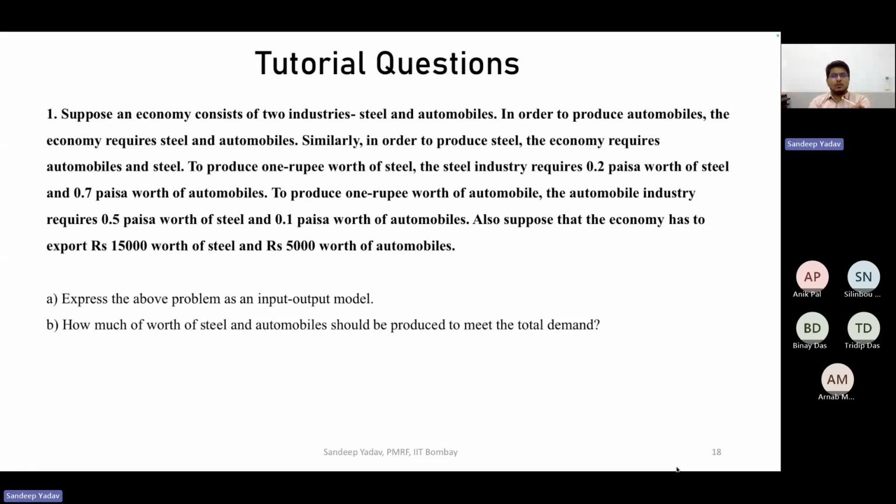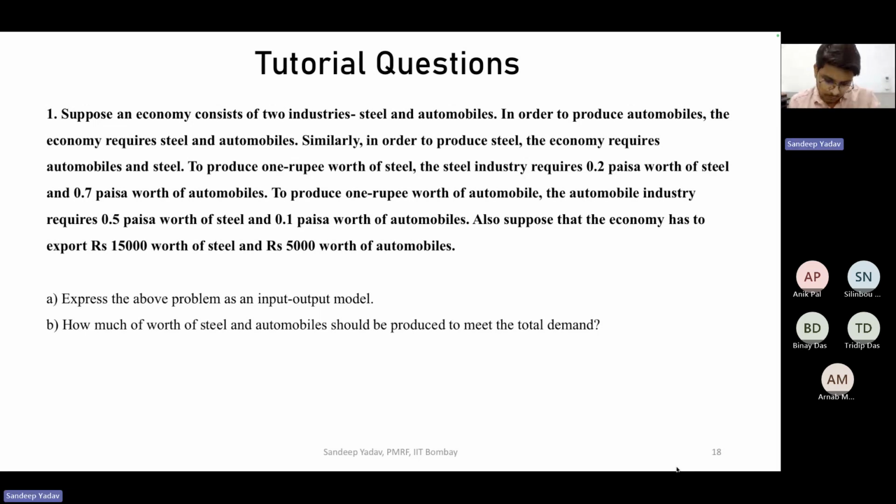And to produce 1 rupee worth of automobile, the automobile industry requires 0.5 paisa worth of steel and 1.1 paisa worth of automobile. Also suppose the economy has an export of 15,000 worth of steel and 5,000 worth of automobiles. Now express the above problem as an input-output problem. How much worth of steel and automobiles should be produced to meet the total demand?